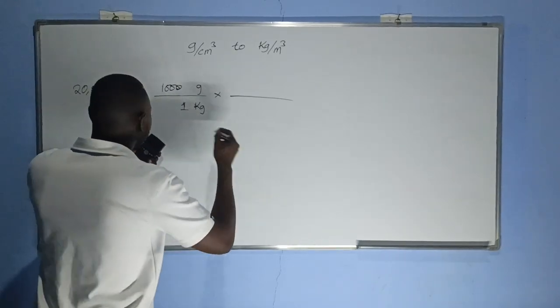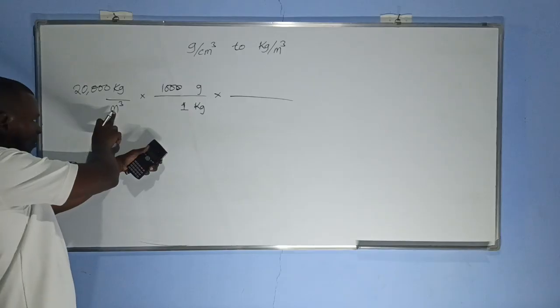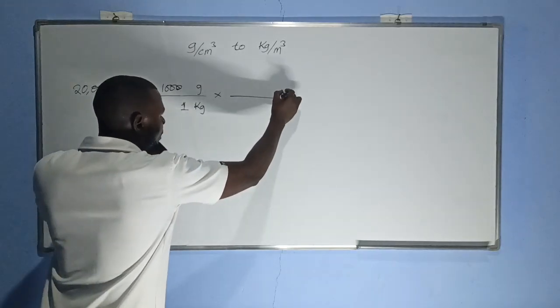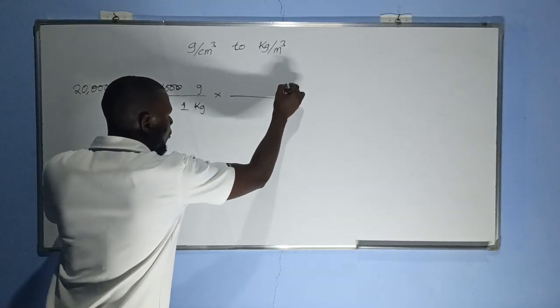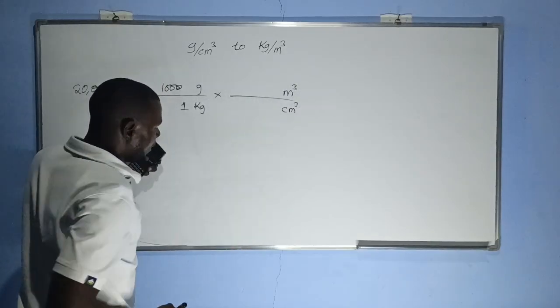After that, we go on the other side and introduce the same step that we had. So in this case, we are looking for cubic centimeters. We want to get rid of cubic meters, so we'll put cubic meters on top there and put cubic centimeters down here.